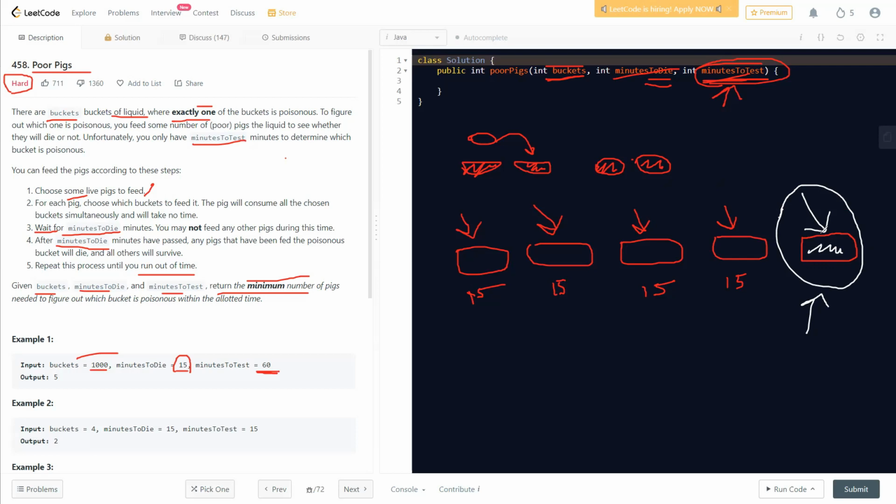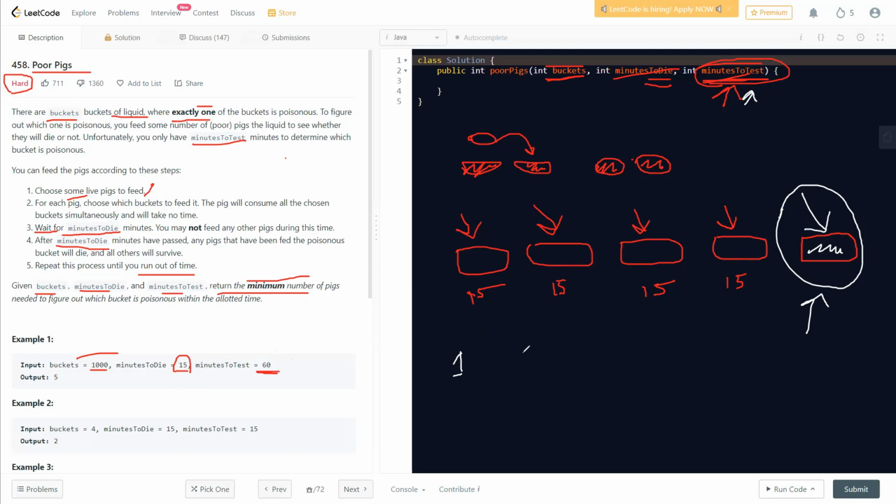So we know that a single pig can perform four trials. I'm just checking the number of trials we can go ahead with, given the minutes to test and the time to die.